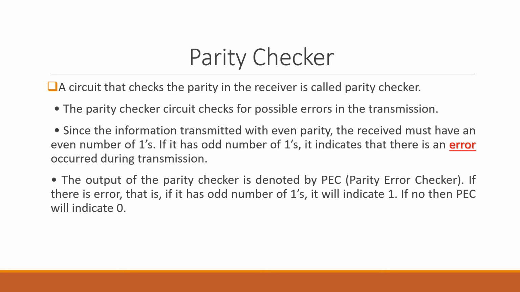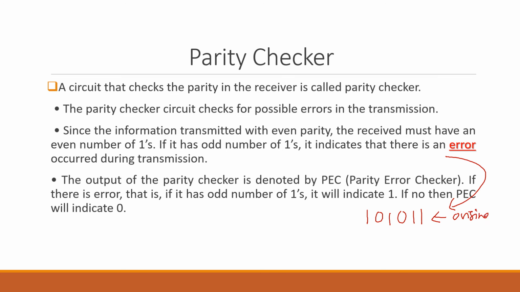If there is no error, then the PEC will indicate 0. So for example, the data transmitted is 101011. This is the original bit number.